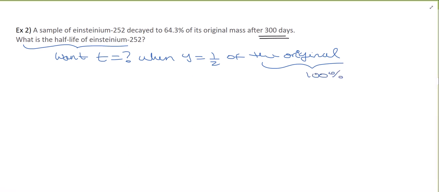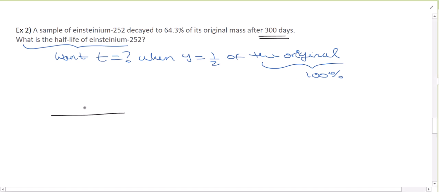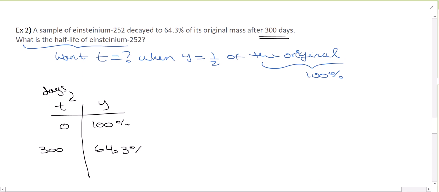Working with our table, at time 0 we're going to have 100% of the amount. And after 300 days, so now our units are days, you have 64.3%. What we want is to find t when we have half of the original amount.